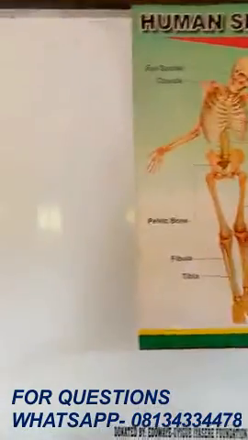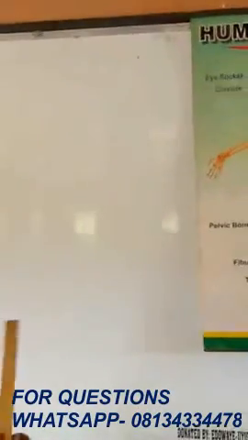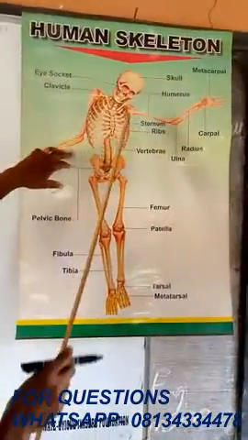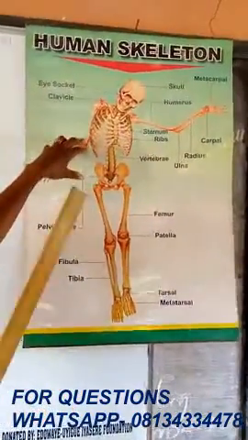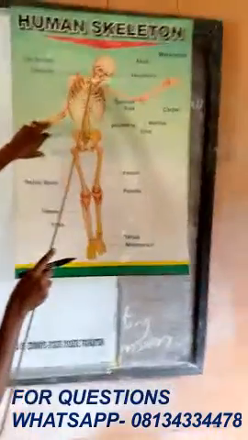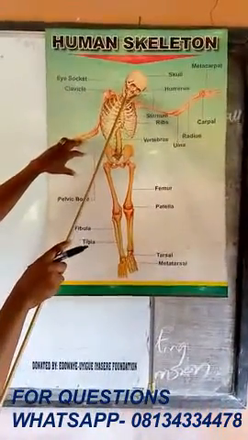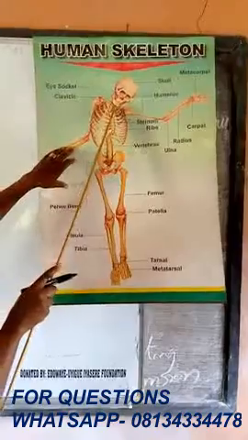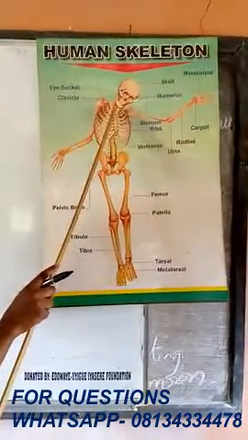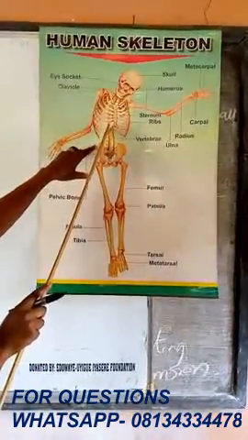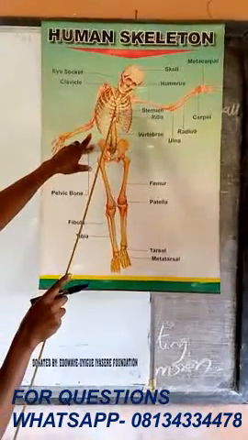The cervical vertebra is 7 in number and is located at the neck region. That is the spine, 7 in number.